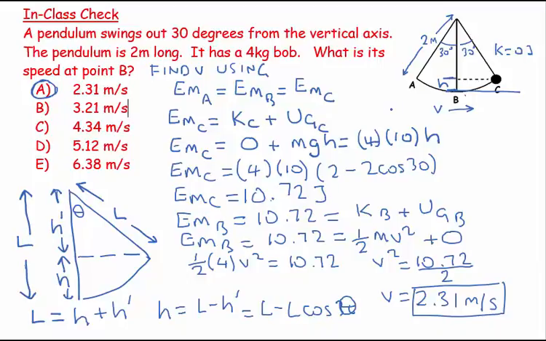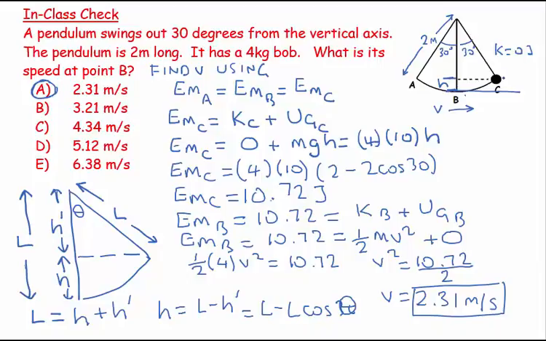So just to recap, the principle is that because it's an isolated system, because there's no friction, the mechanical energy at any point on this path is going to be constant. If I can work out the mechanical energy at one point, I can then apply it to another point.